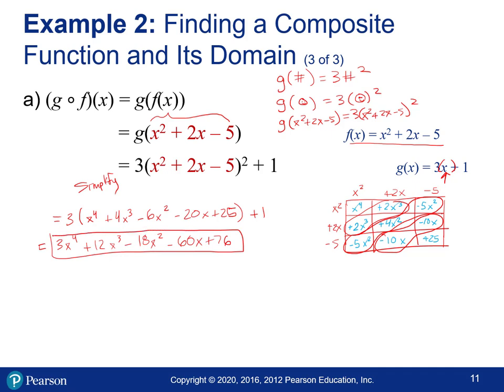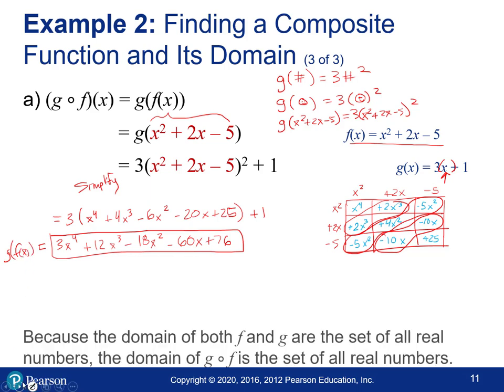That is G composed of F, so G with F plugged into it. And then the domain of this result is all real numbers, because the domain of the original two functions was also all real numbers, and there's no restriction on this final result either. So any number can get plugged into this one, so the domain is negative infinity to infinity.